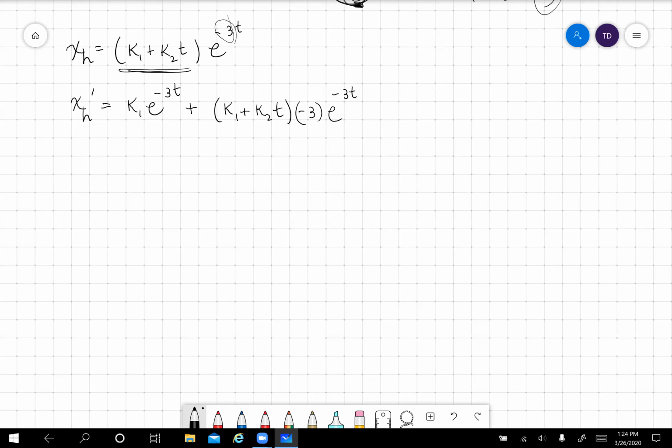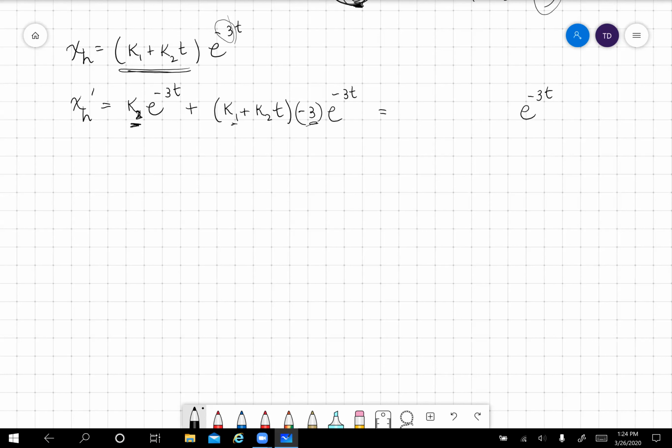Let's group all of this together. Notice they all have e to the minus 3t. Now I have a K1 here, and I have a minus 3K1 here. Let's see, 3K1, minus 3K1. Make sure I did this correctly. I did this incorrectly.